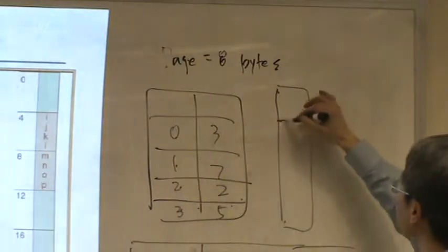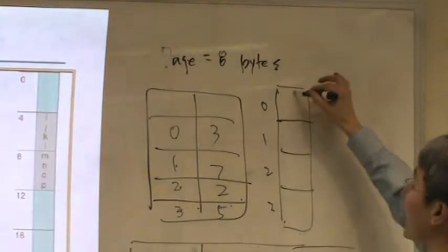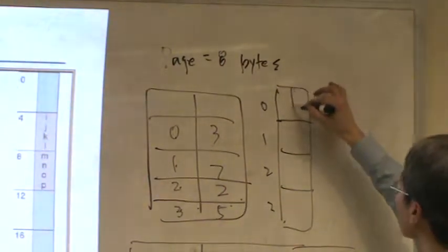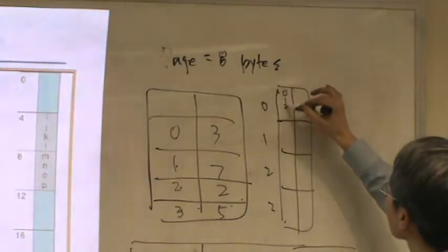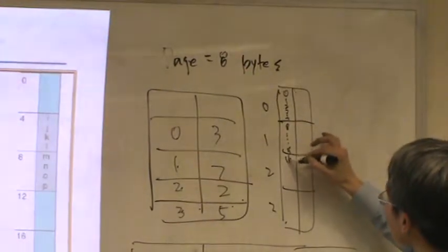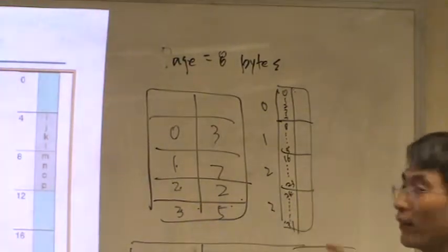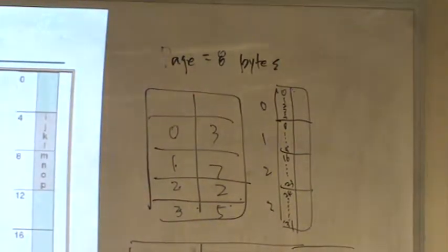So 4 pages, each one has 8 bytes: 0 through 7, 8 through 15, 16 through 23, 24 through 31. This is your program.